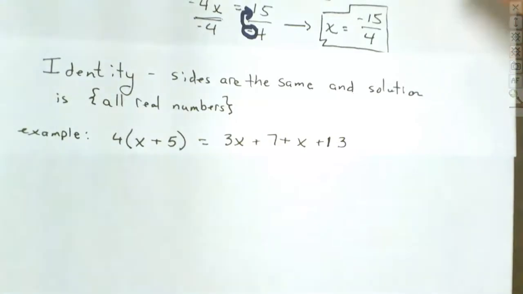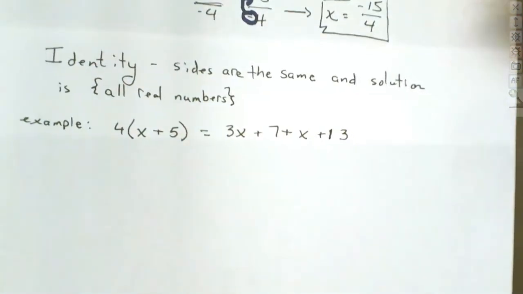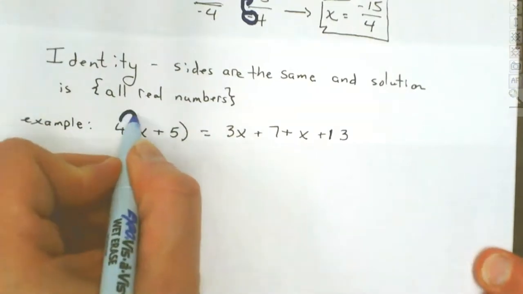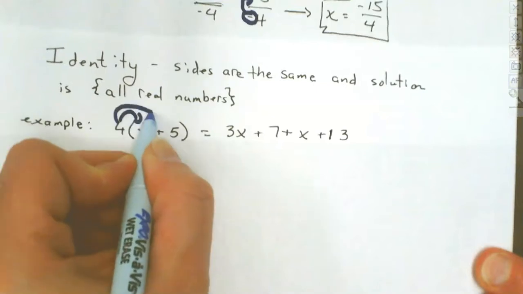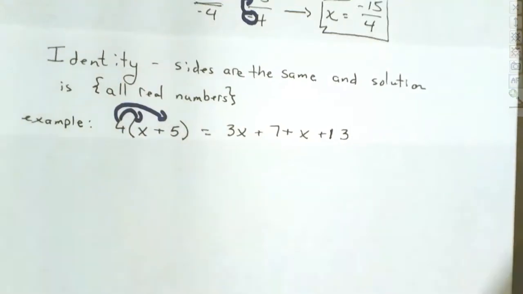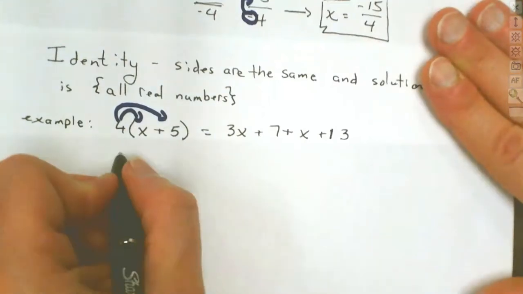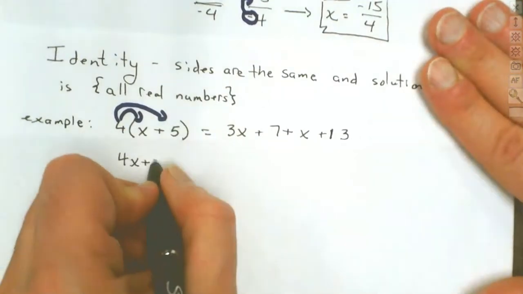Now, these don't look the same right now, but they will be here in a moment. So what do we do first? We begin by distributing that 4 through. So that is then 4x plus 20.